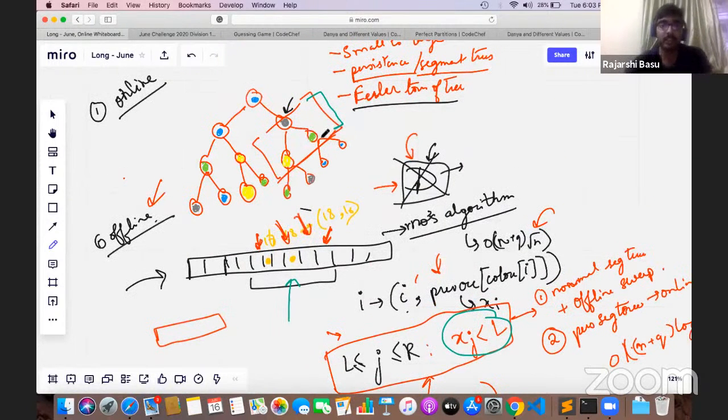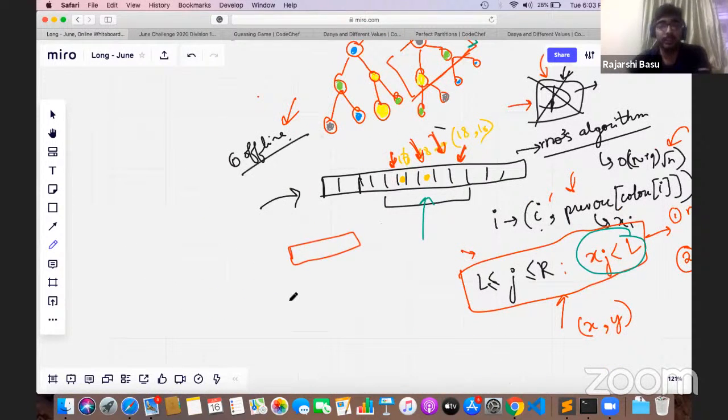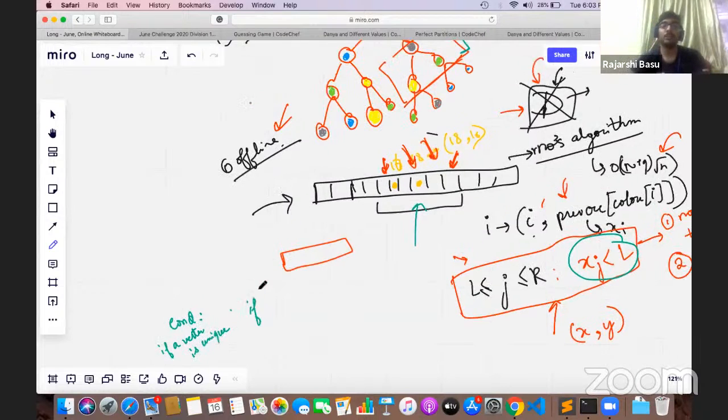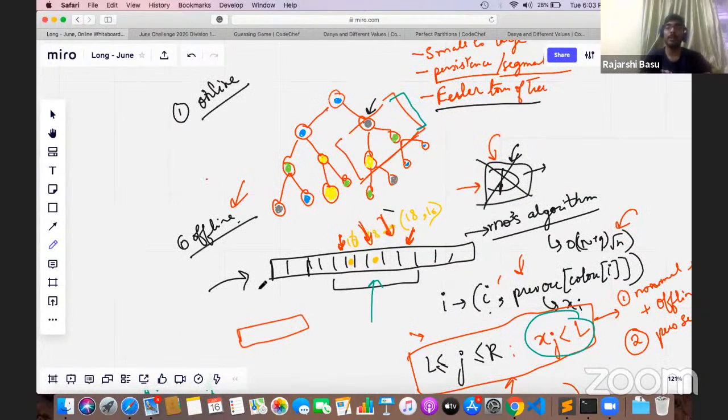The condition here is the condition for when a vertex is unique. I'll not say that a color is unique here; I'll say that a vertex is unique.